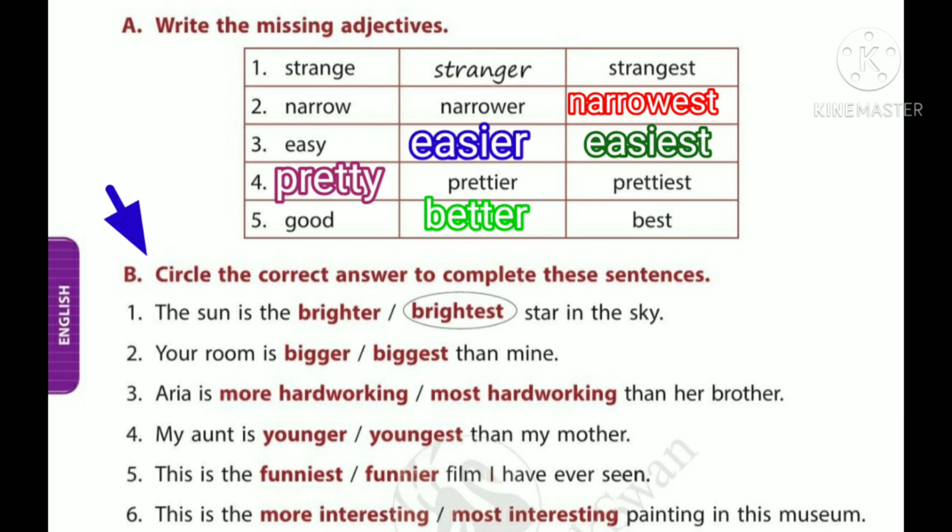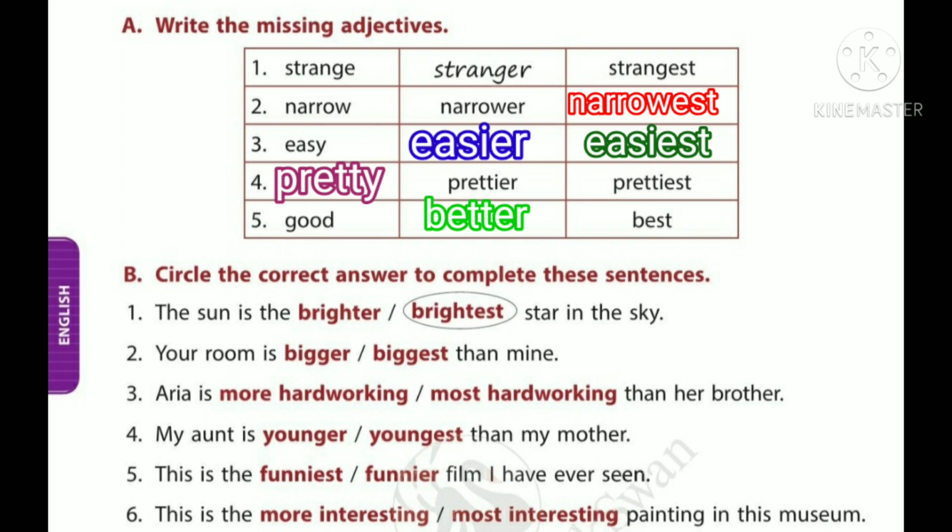Next one, section B. Circle the correct answer to complete these sentences. Six questions are there. So read the questions carefully and circle the correct answer. First one has been given for you. First question, the sun is the brightest star in the sky. The sun is the.